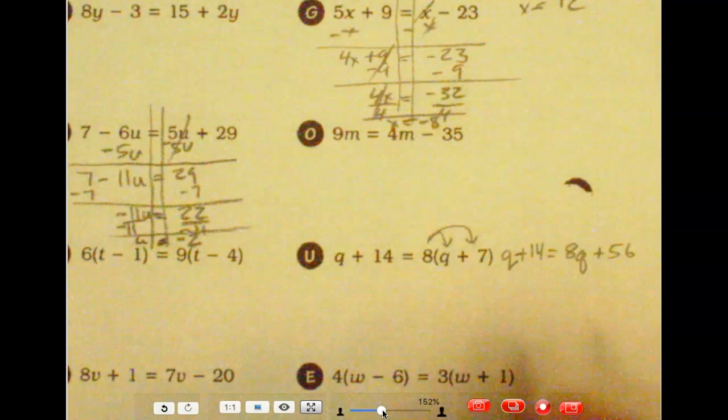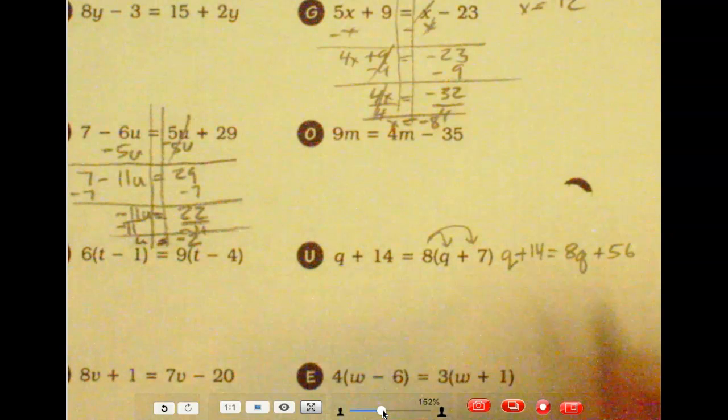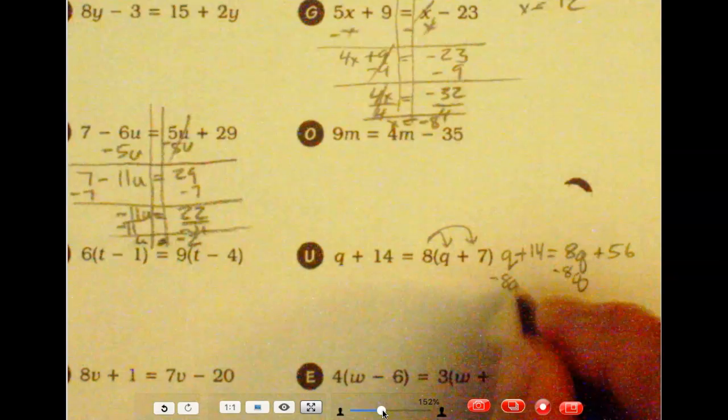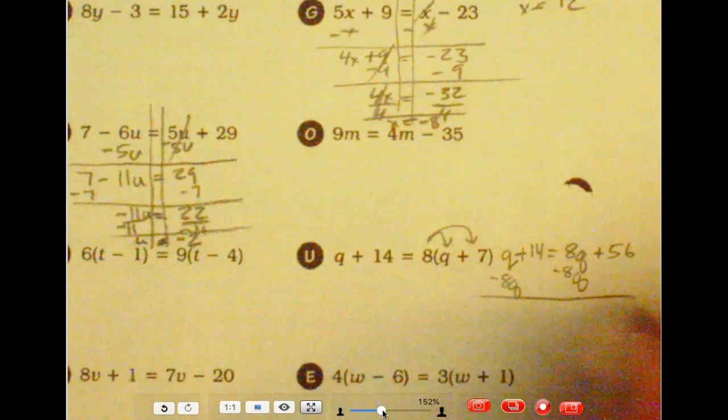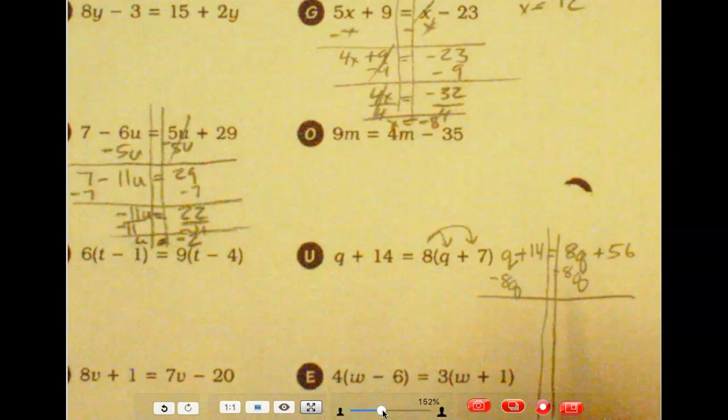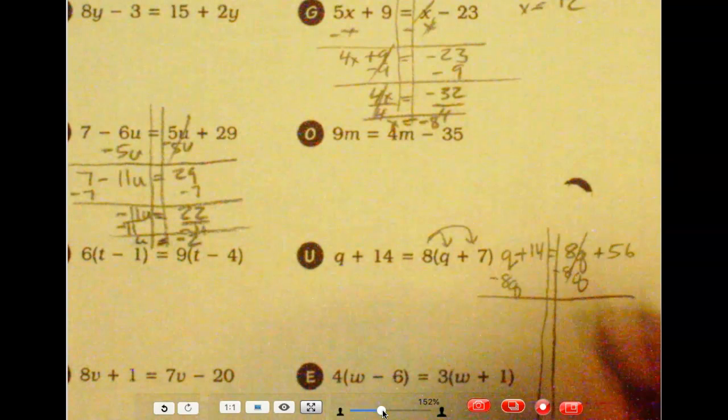Let me just double check. 8Q, 8 times 7 is 56. Okay, so I'm going to subtract 8Q from this side. Minus 8Q. The railroad tracks going here. Well, these cross off. We've got 56 over here.